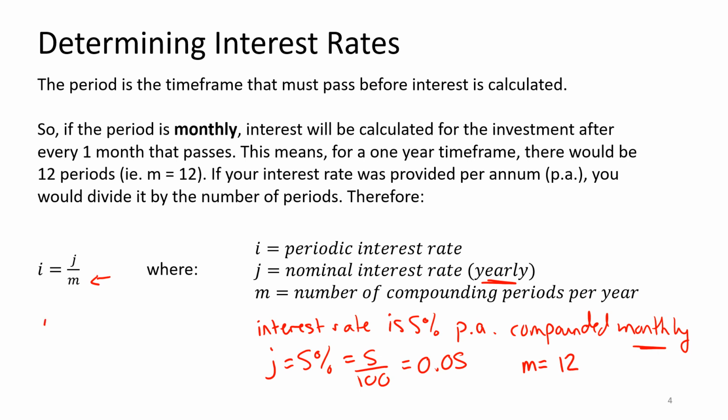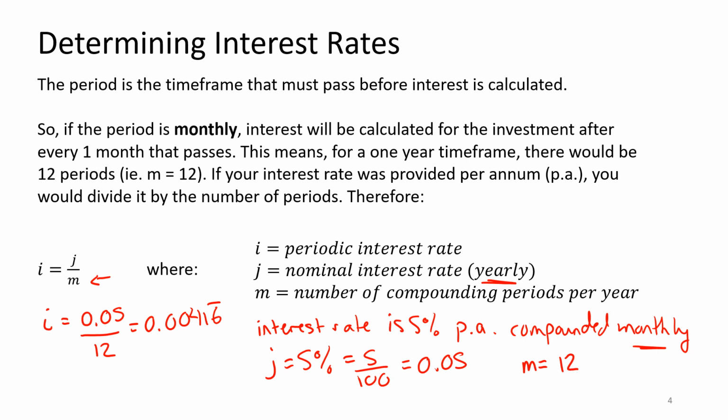So in this case, our periodic interest rate, which is i, per period, would be equal to our nominal interest rate, 0.05, divided by our number of compounding periods per year, which is 12. If we put that in our calculator, we actually would get a repeating decimal, 0.00416 repeating.